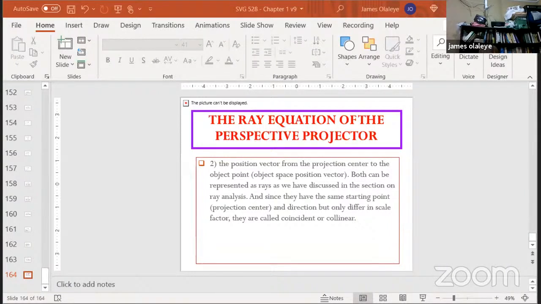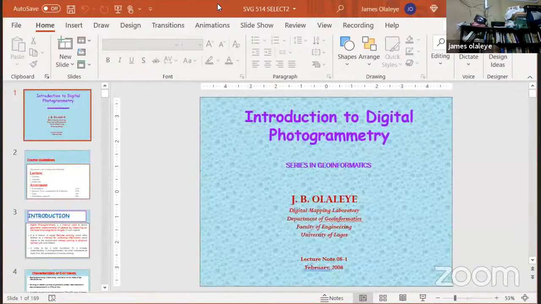Let me see this one. This one. Now you can still see my page. Let the class governor confirm that you can still see my page.